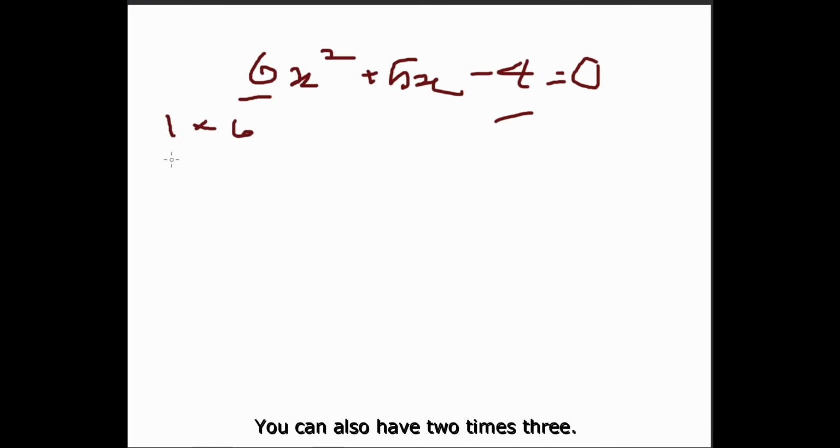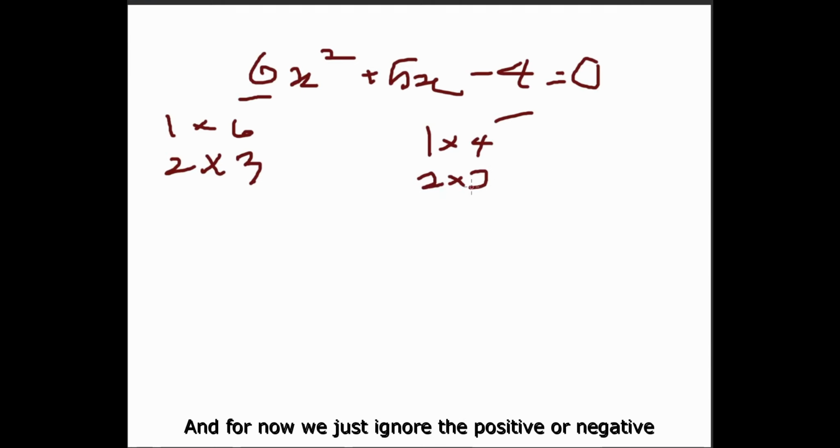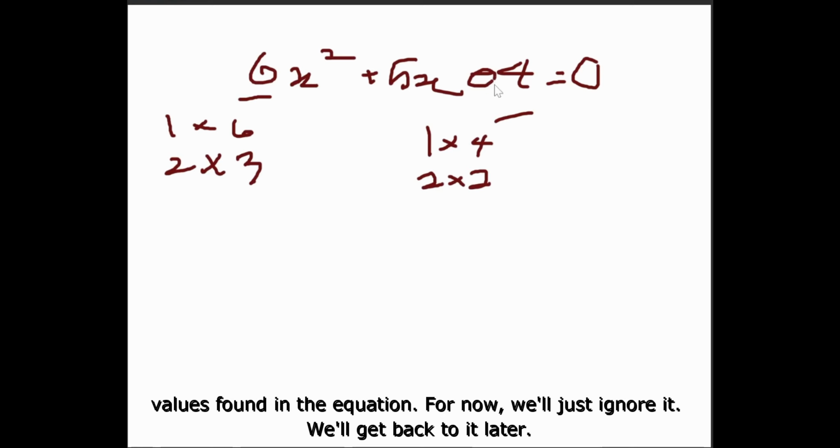We can also have 2 times 3, and that's pretty much it. And for 4, we can have 1 times 4, or maybe 2 times 2. For now, we just ignore the positive or negative values found in the equation. We'll get back to it later.